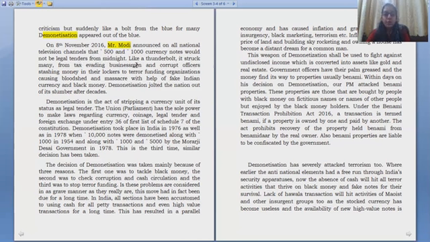From tax evading businessmen, evading means the person who just avoids tax paying, okay, and corrupt officers stashing money in their lockers, stashing money basically, you can say saving or collecting or accumulating money in their lockers, to terror funding organizations causing bloodshed and massacre with the help of fake Indian currency and black money. Demonetization jolted the nation out of its slumber. Slumber means sleep. Okay. The demonetization jolted the nation out of its slumber after decades.